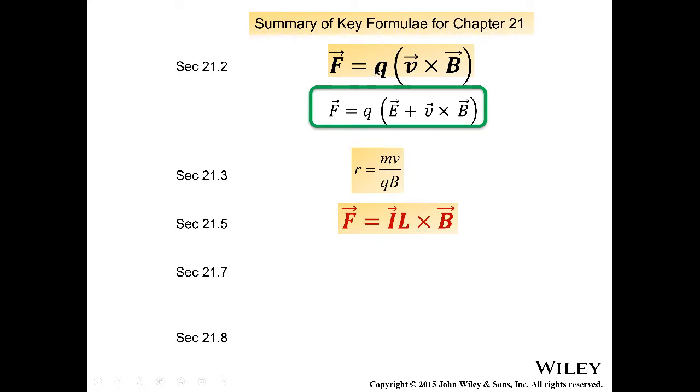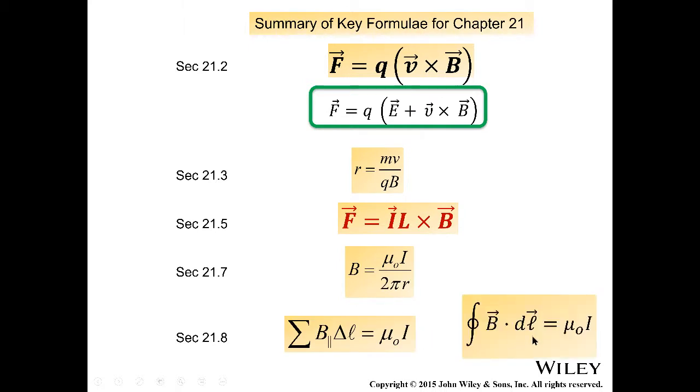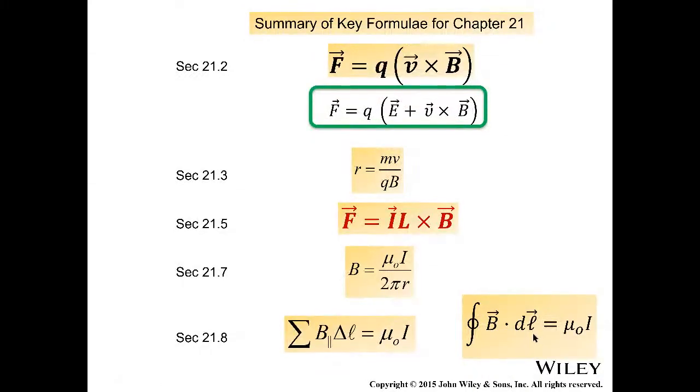And the force, qv cross B, becomes IL cross B, which is basically a consequence of the original Lorentz force. And we have this Ampere's law that tells us what the magnetic field is, and that is the form of Ampere's law. And I think I will now quit here.